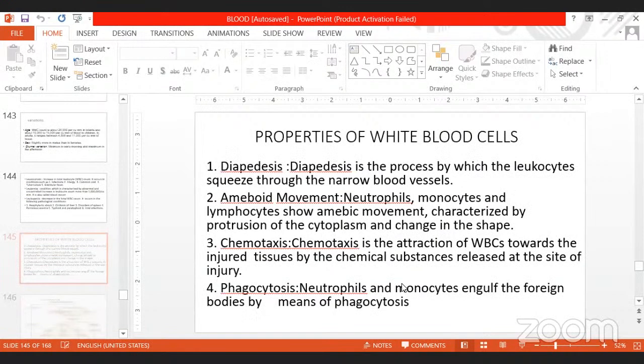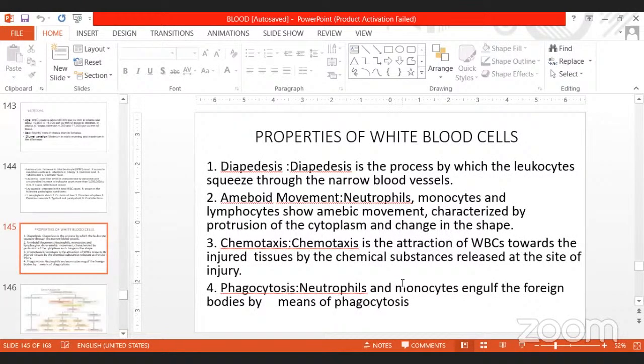Coming to the properties of WBC, there are mainly four properties. The first is diapedesis, the process by which the leukocytes squeeze through the narrow blood vessels.